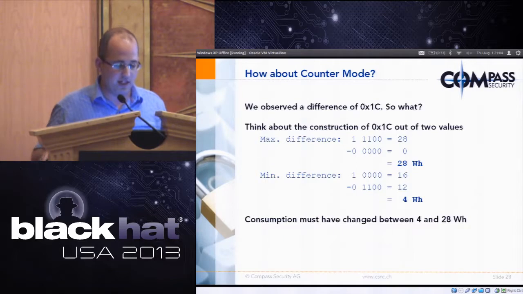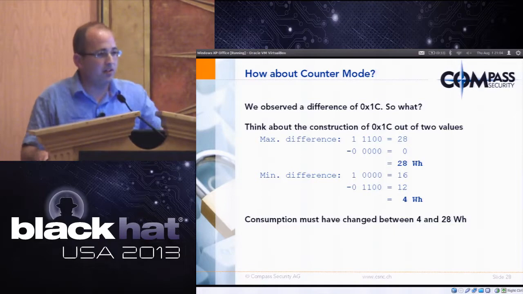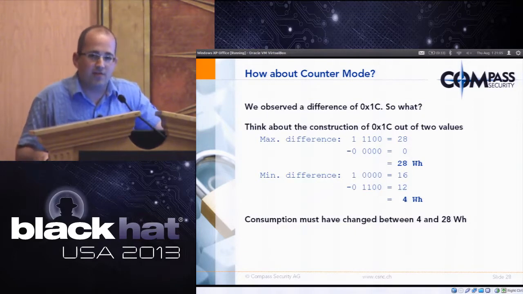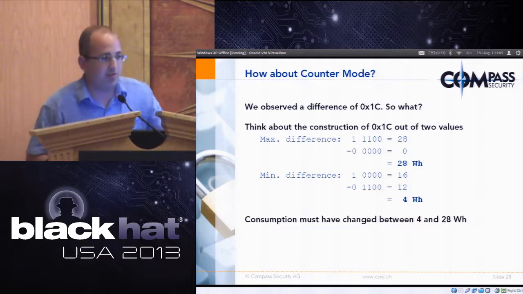And we know then consumption must have changed between 4 and 28 watt hours. So if you observe a meter of a company, maybe a factory, then you probably get rid of your shares by the time they use less energy, and you buy shares by the time they use more energy. You will know that before they publish their reports.